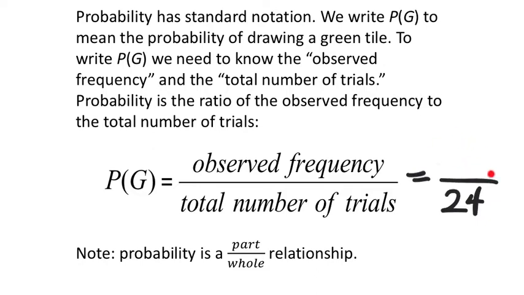It would have a maximum of 6, but it also changes what the bottom number represents, okay? Because then you'd be looking for how many times you actually tried this out and how many times you got a green tile, okay?